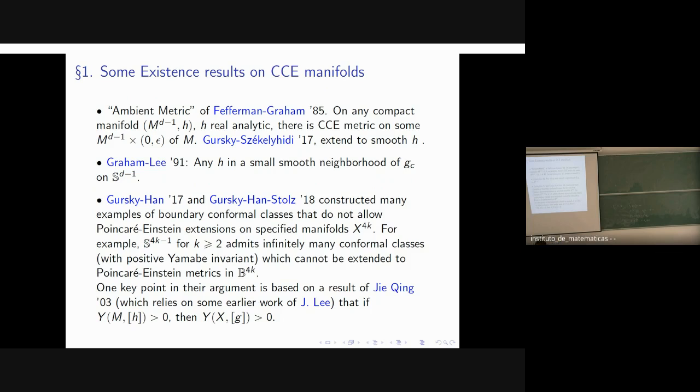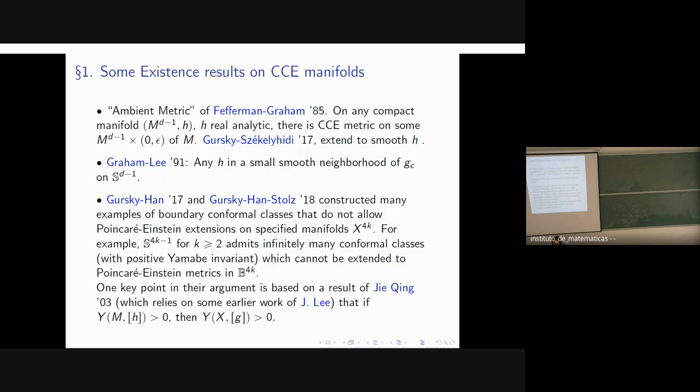And then the other existence result is the perturbation result of Robin Graham and John Lee, which shows that if you have the standard sphere and you perturb the standard sphere metric h in a C^{2,alpha} neighborhood, and if that neighborhood is sufficiently small, you have a filling in. For the standard sphere, the filling in is the hyperbolic metric, and the metric which Graham and Lee constructed is also in a neighborhood of that hyperbolic metric.